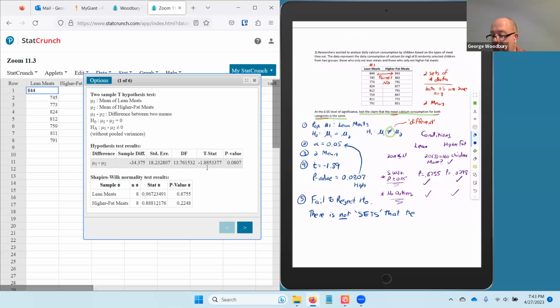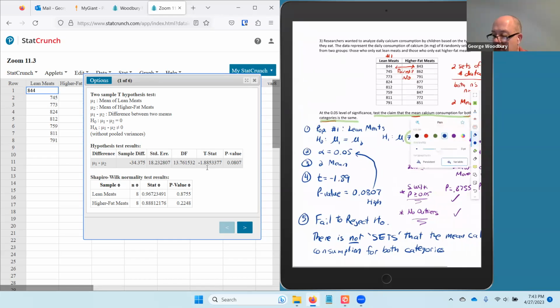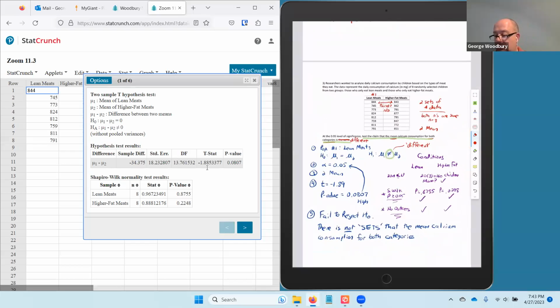That the mean calcium consumption for both categories, instead of where it says is the same, I'm going to write that it is different, because that's what that not equal to sign means in H1.